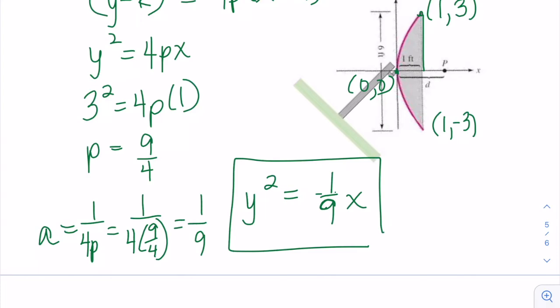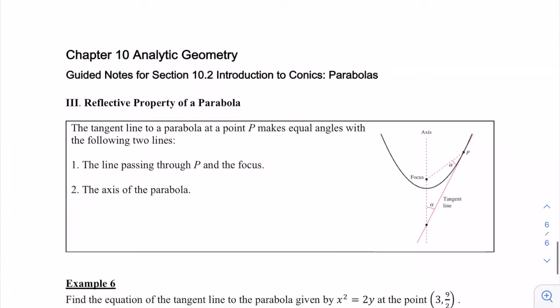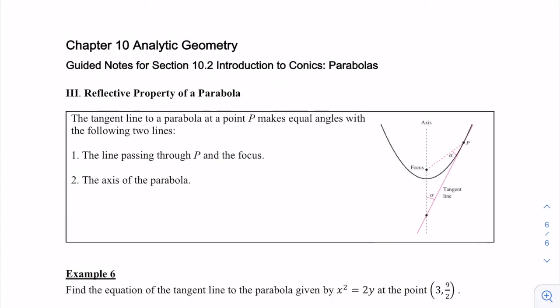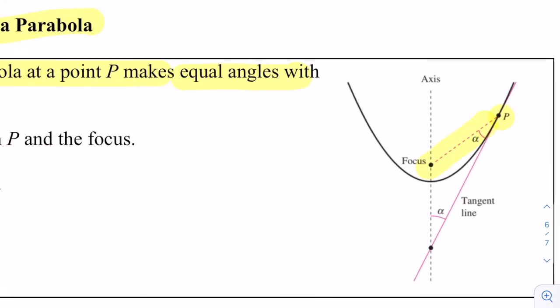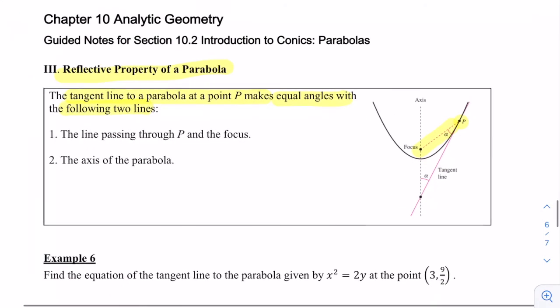All right, there's one more property I want to go over with parabolas, and that's the reflective property. If we have a point P that's on the parabola and its tangent at that point, it's going to create equal angles: the line passing through P and the focus, and then the line or the axis of the parabola.